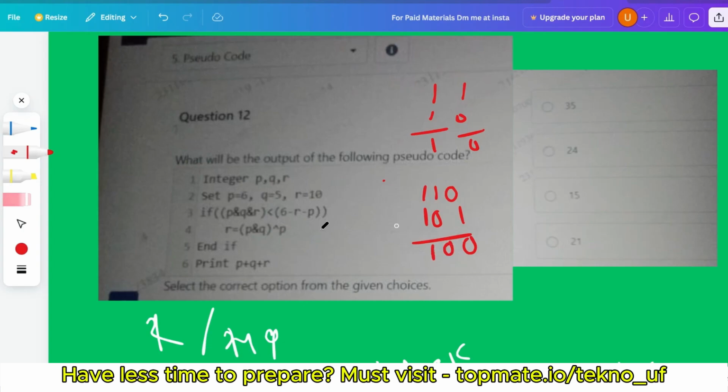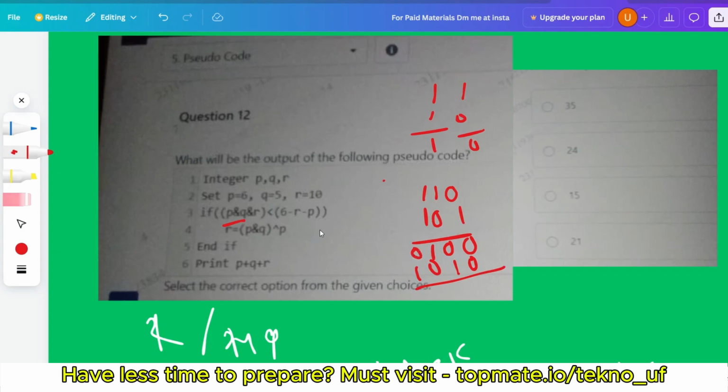So 100. Then r is equal to 10, so p and q is done. Then AND r, so r means 10, so the binary number is 1010. Here let me add a 0 on the left, since the value of the leading 0 is nothing, you can add as many as you want at the left.